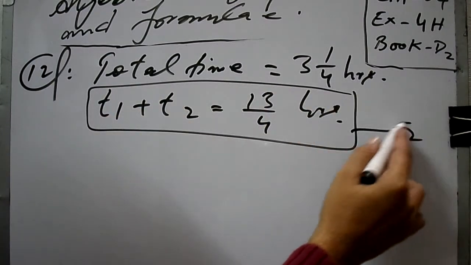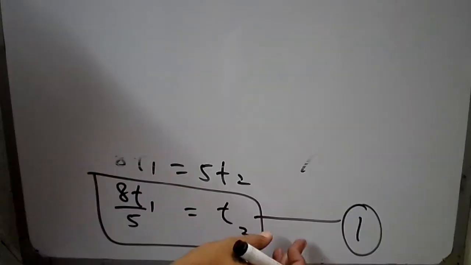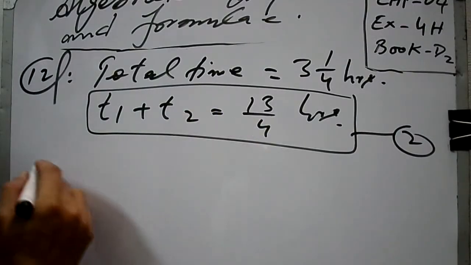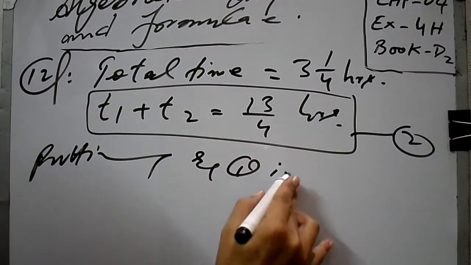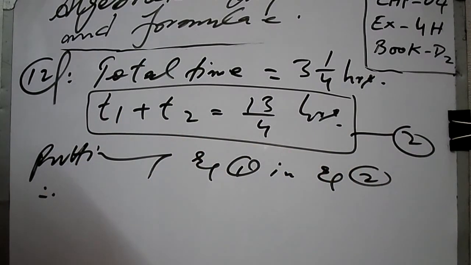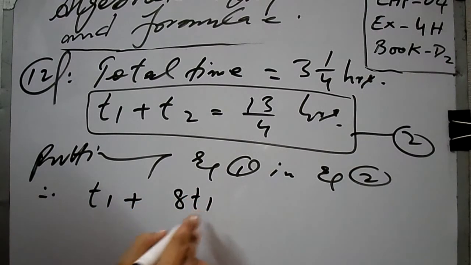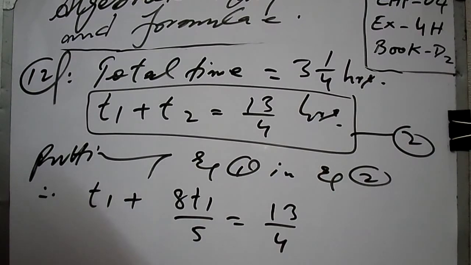That is your equation number 2. So you can put equation 1 into equation 2. After putting the values, you will get T1 plus 8T1 by 5 is equal to 13 by 4.